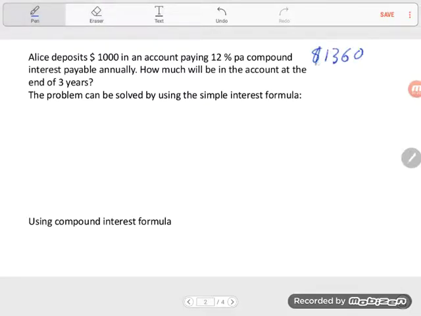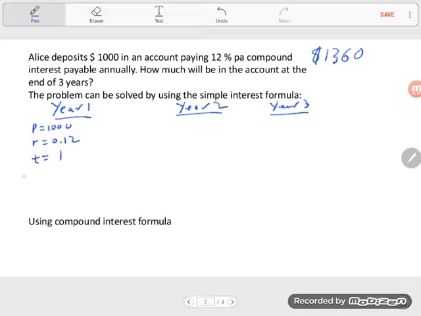Let's compare this to a situation where the money is compounding year on year. So I'll set this up like this with year 1, year 2, and year 3. So in year 1, if we did this 1 year at a time and compounded it on the way through, we'd have a principal of $1,000, the rate 0.12, and the time, the first year, 1 year.